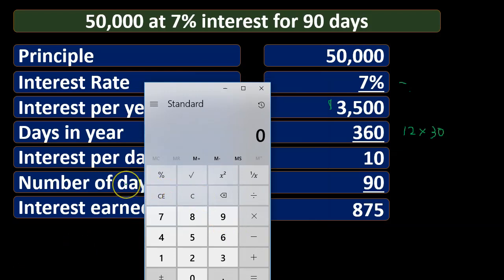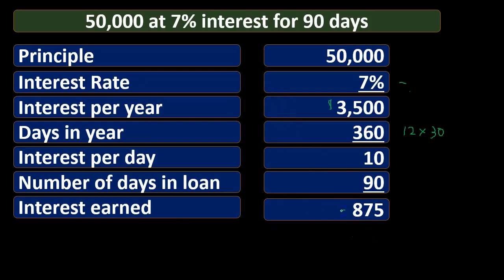What we really have is the 3,500 divided by 360, or 9.72, which was rounded to 10 when taking off the pennies, and then we multiply it times 90 days, and that gives us our 875. That's how much we would earn for the time period of 90 days at 7% simple interest.